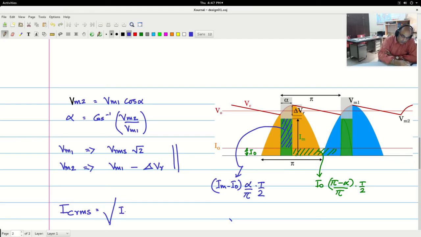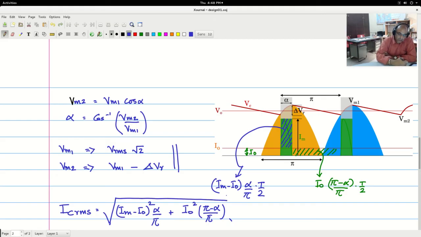So for the positive area, (Im minus I0) whole square with a duty cycle of alpha by pi, plus I0 square times (pi minus alpha) by pi, the whole thing in the root.